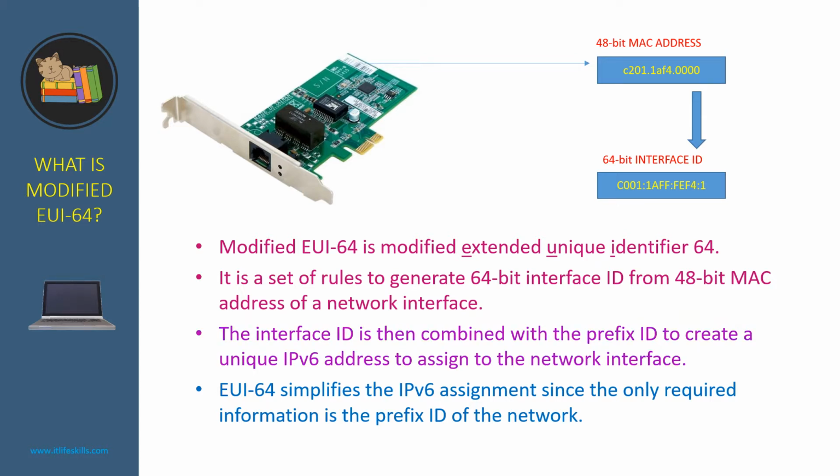The interface ID is then combined with the prefix ID to create a unique IPv6 address to assign to the network interface. As you can see, EUI64 simplifies the IPv6 assignment since the only required information is the prefix ID of the network.